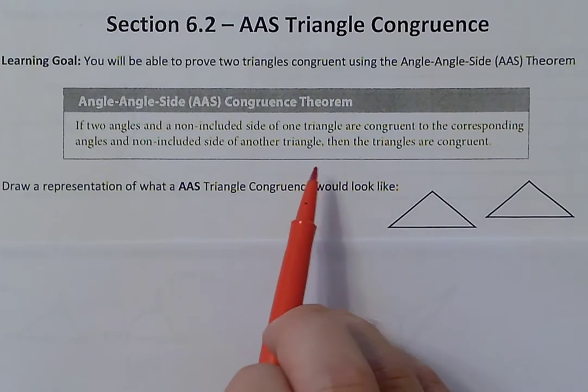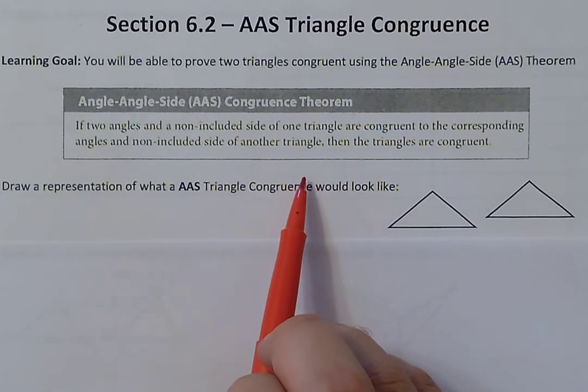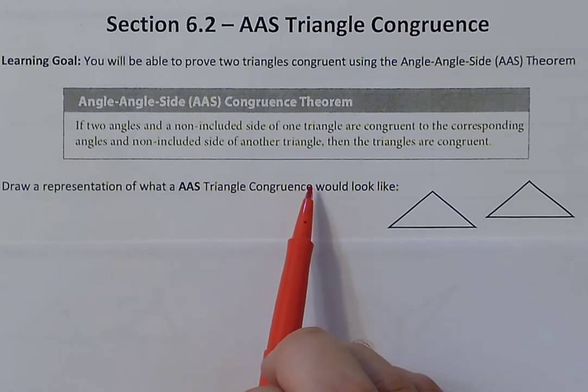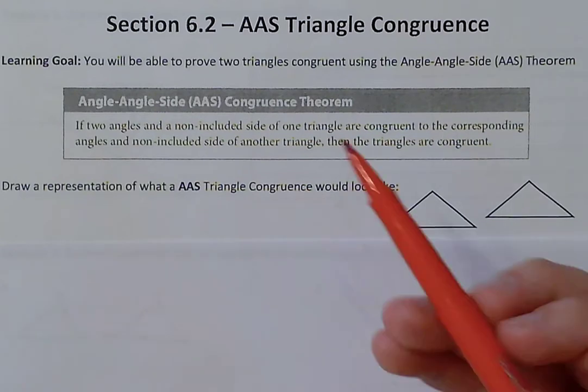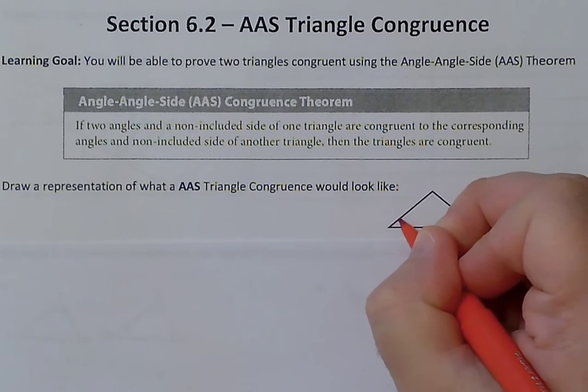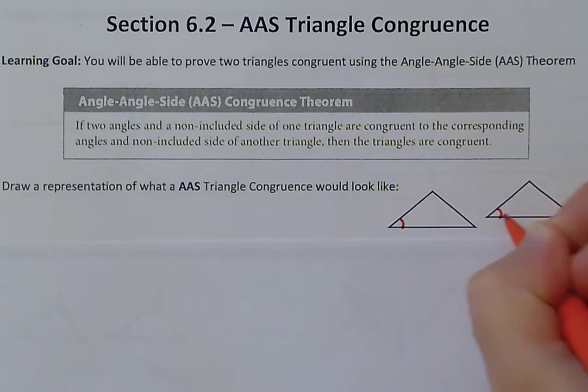So when we talked about angle, side, angle, that was the ASA. That was where you had to have two angles and the side in between. For angle, angle, side, we need to have two angles, like such, and the non-included side.